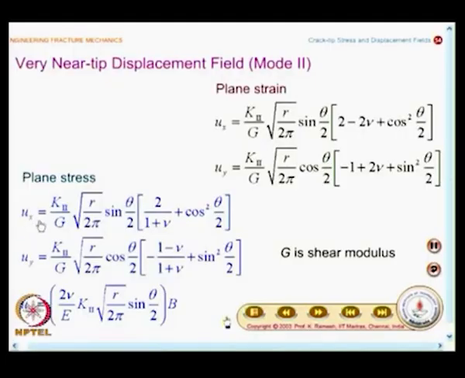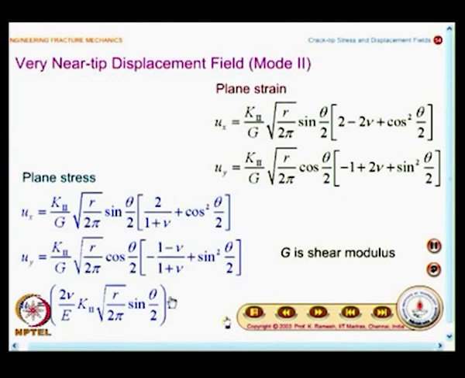And you have ux equal to k2 by g root of r by 2 pi sin theta by 2 multiplied by 2 by 1 plus nu plus cos squared theta by 2. Then uy equal to k2 by g root of r by 2 pi cos theta by 2 multiplied by minus 1 minus nu divided by 1 plus nu plus sin squared theta by 2, and uz equal to 2 nu by e multiplied by k2 root of r by 2 pi sin theta by 2.